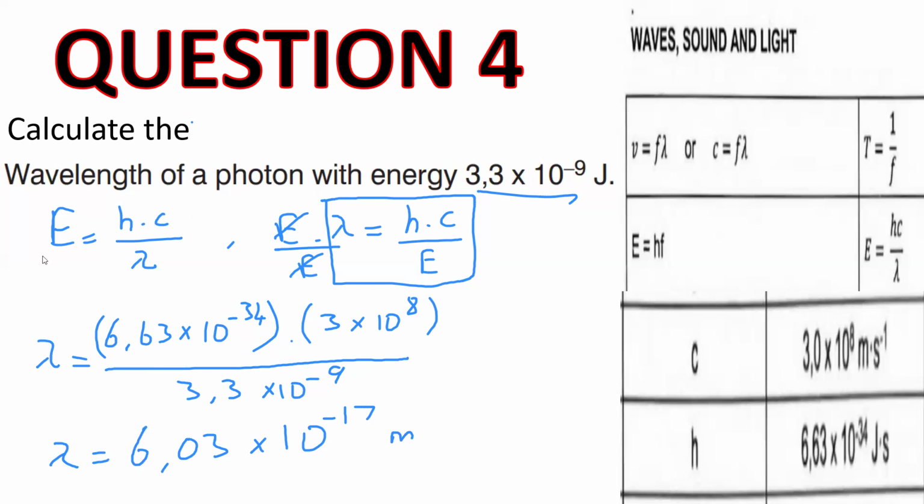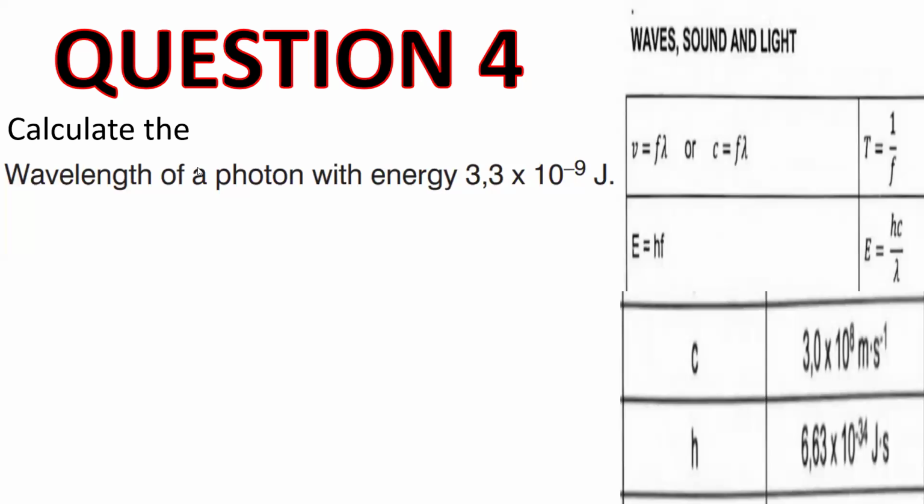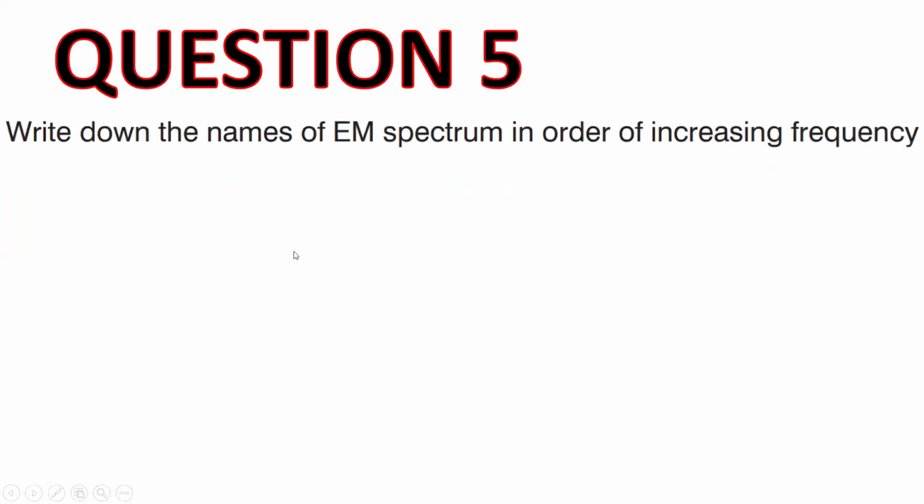Let's see what we have in the next question. Write down the names of the electromagnetic spectrum, the EM spectrum, in order of increasing frequency. We should know all the EM radiation, all the waves, in order, because they ask many questions about that. You must memorize them in order.